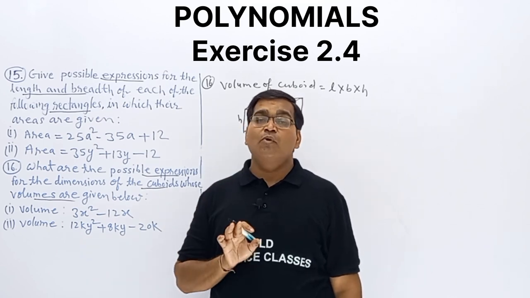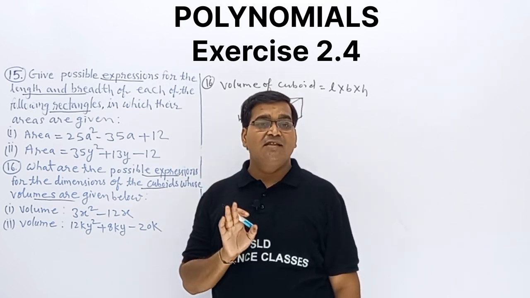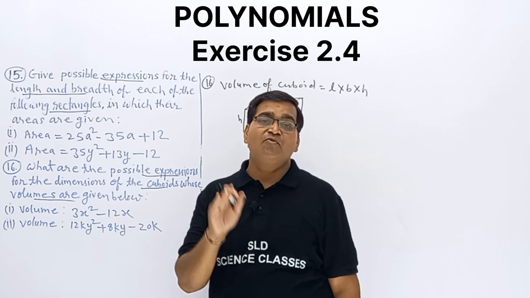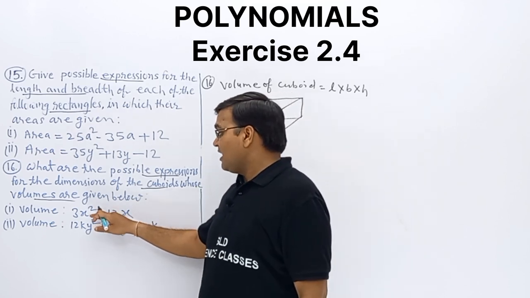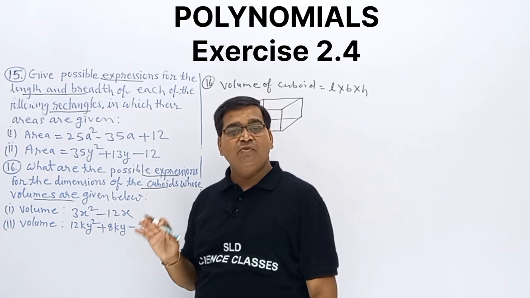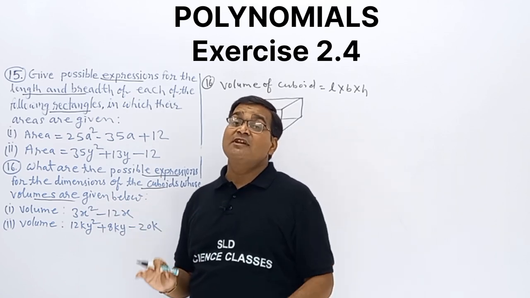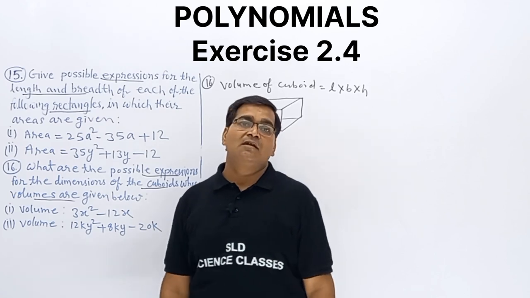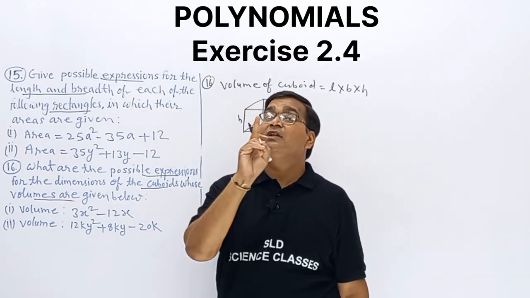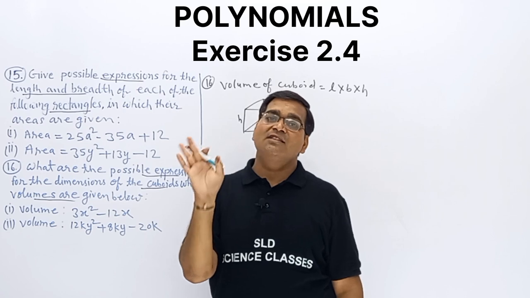Volume of a cuboid is length into breadth into height. It is having 3 dimensions: length, breadth and height. So we will solve the expressions, then we will write length, breadth and height, 3 terms. Clear? In a rectangle we write only 2 expressions, one is the length, another one is the breadth.